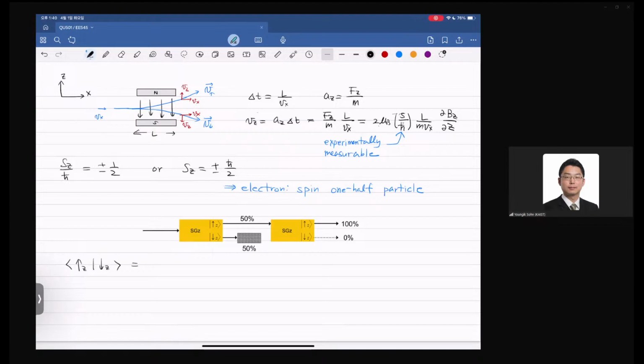They're orthogonal, and you can see it from the experiment. Then spin Z states can probably be used as the basis for the electron spin Hilbert space.